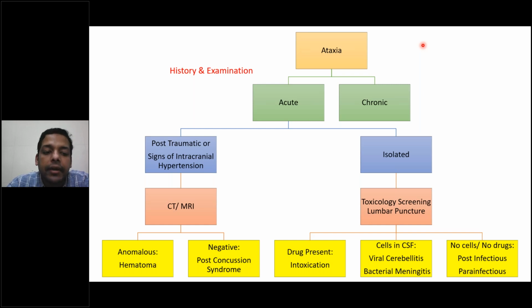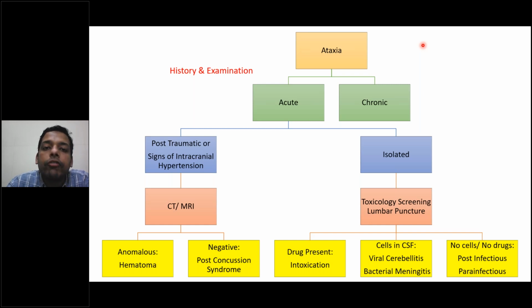If these are present, then we go ahead with a CT or an MRI, some neuroimaging. If the neuroimaging shows us a bleed, then we are sure that it is because of the hematoma. If the neuroimaging is normal but there is a history of trauma, we can assume that this is a post-concussion syndrome.